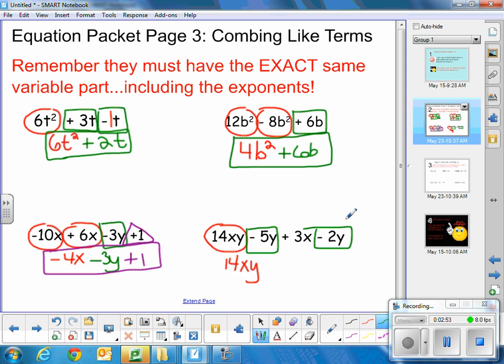Negative 5y plus a negative 2y is a negative 7y. And then this is the only x term, so plus 3x. Remember, when you're combining like terms, don't forget the sign that's in front of each term to help you determine if it's positive or negative. 14xy minus 7y plus 3x is your final answer.